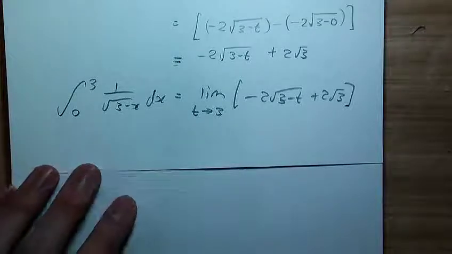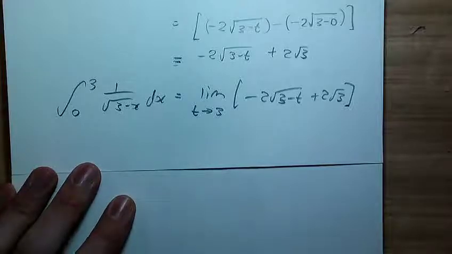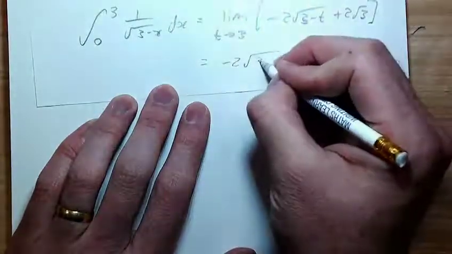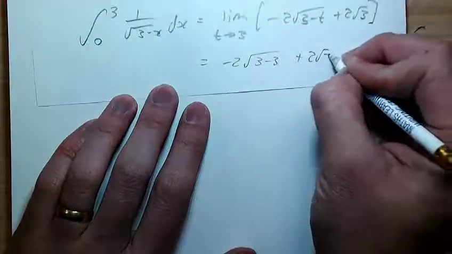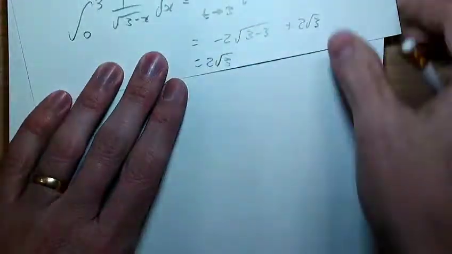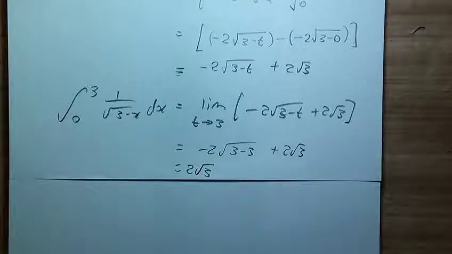Sweet. Shaves vital milliseconds off. And so now I can just, well, root 3 minus t is totally defined when t is 3. I can just sub it in. And that's what it's come out to. Because 3 minus 3 is 0 and root 0 is 0.